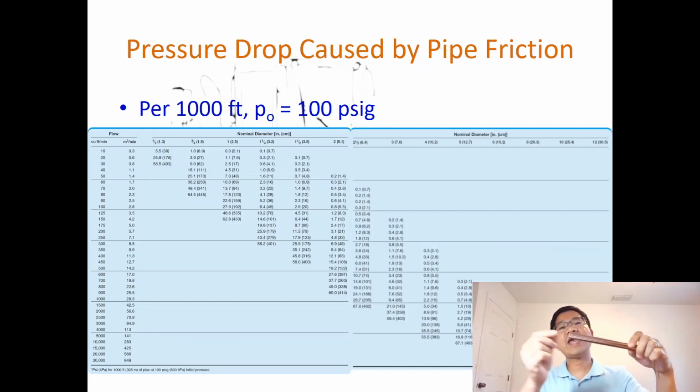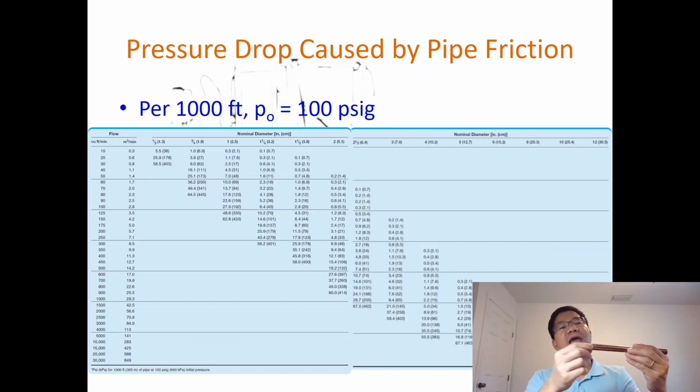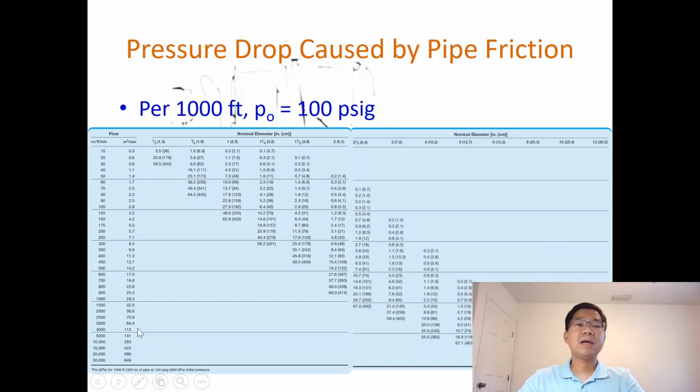As you can see, the air goes through this pipe, and the friction between the air and the pipe is determined for 1,000 feet of pipe at the pressure of 100 psi gauge. This depends on two parameters. First, what is the nominal diameter of the pipe?